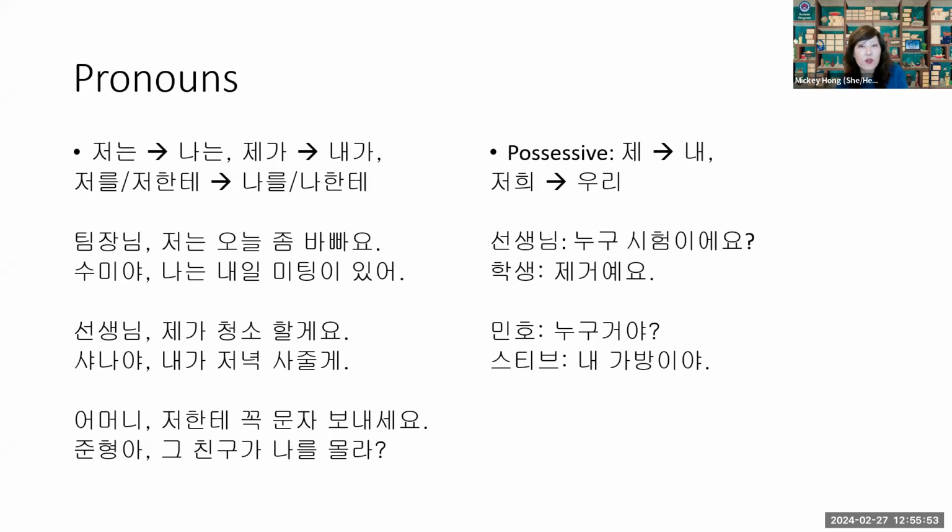And for your possessive too, when you're talking about your stuff with somebody who is not only older, but in a formal setting, let's say with your colleagues at a job meeting, refer to yourself as 제 책, 제 가방, okay? But when you're just talking with somebody who you're very casual with, you can say 내 가방, 내 책, okay? And 저희 is a little bit more formal than 우리. 저희 is honorific, humble for referring to yourselves.